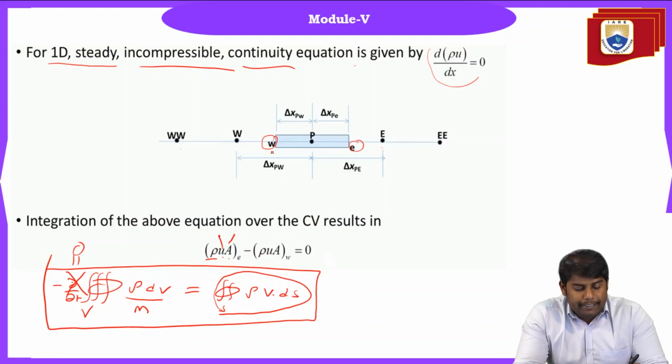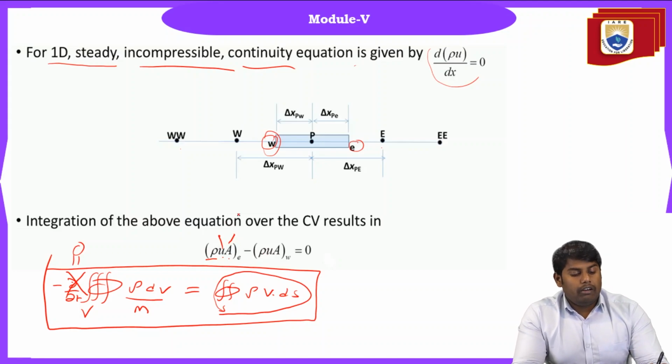Rho is the density, u is the velocity along the x direction, A_e is the area at the east face, and A_w is the area at the west face. We take their difference. So this is the basic finite volume formulation, for 1D only. Basically this is the 1D steady equation.